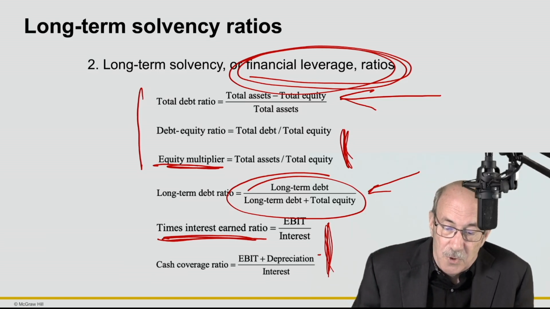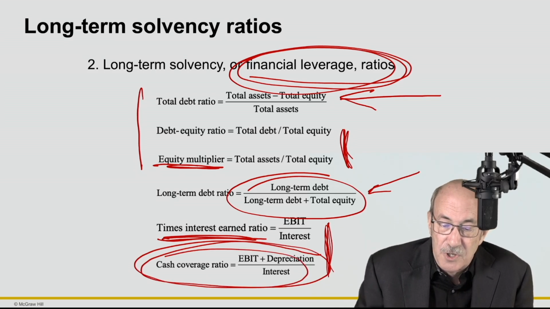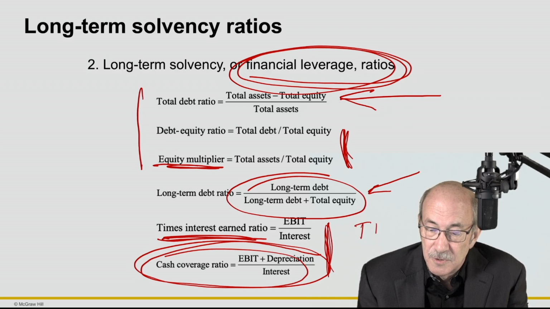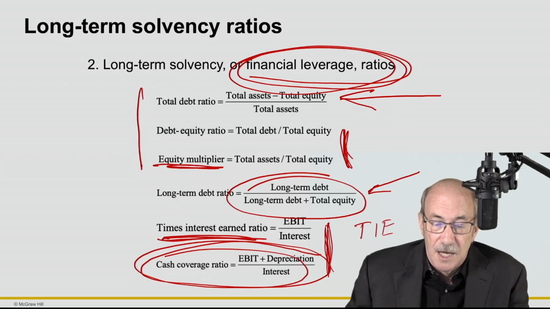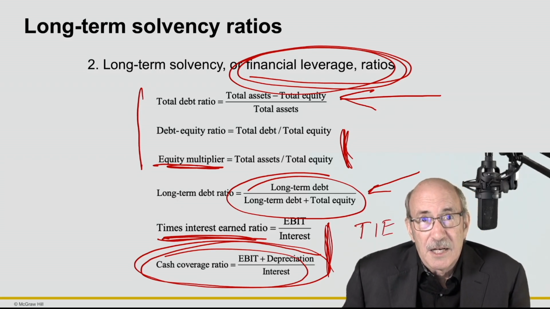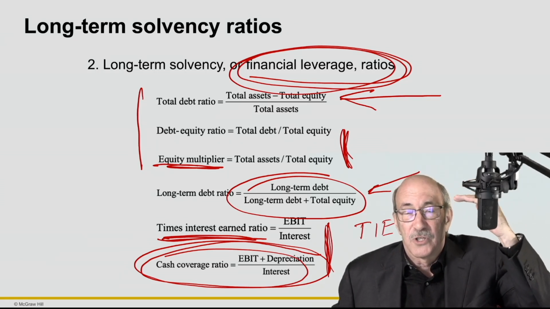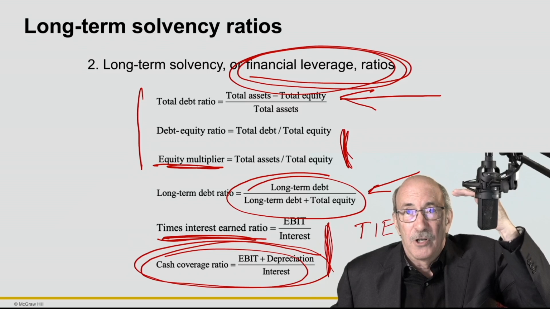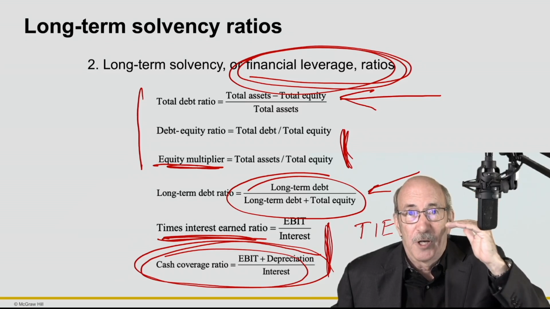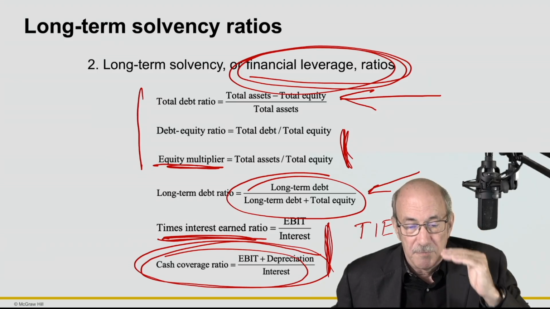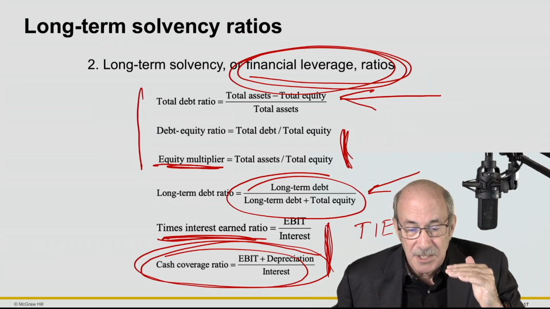This second one actually is a little less stringent than the times interest earned, and that usually goes by TIE. This one recognizes the fact that depreciation, if you think about the income statement, you've got revenues, cost of goods sold, operating income, and then you bring out depreciation before you get down to EBIT.